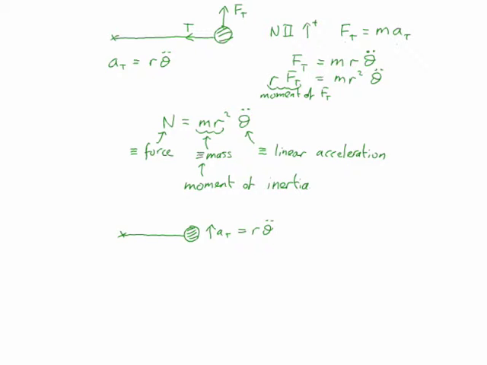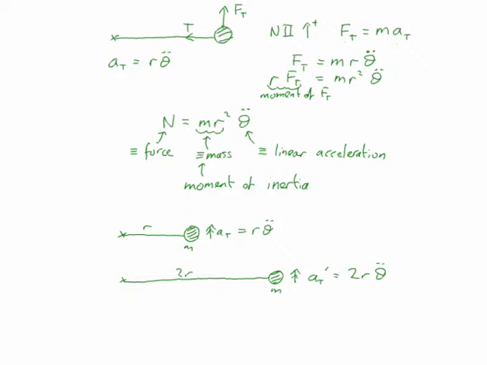If I have something that's got twice the radius, then my acceleration is equal to 2 times r theta double dot. If this is r and this is 2r, and these are both mass m, then clearly for the same angular acceleration, the one that's twice as far from the axis has a linear acceleration twice the magnitude of the first one.